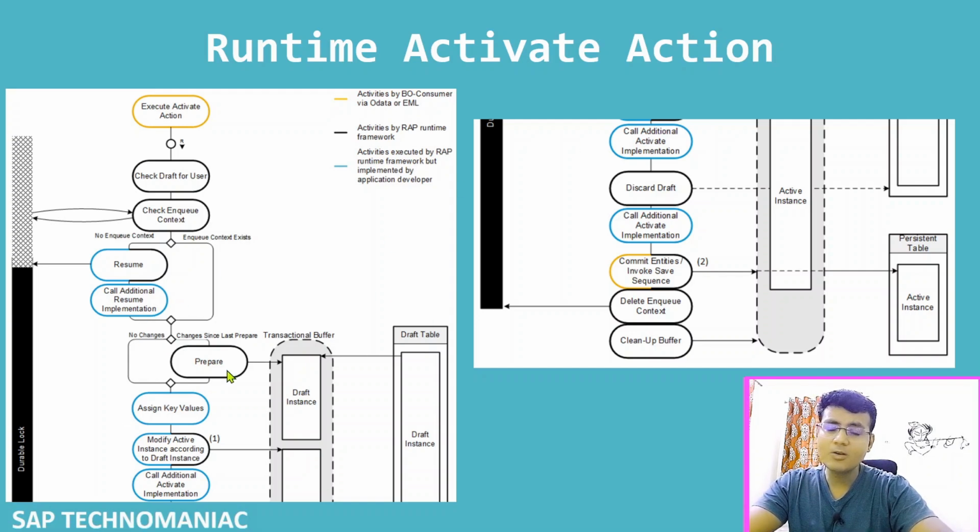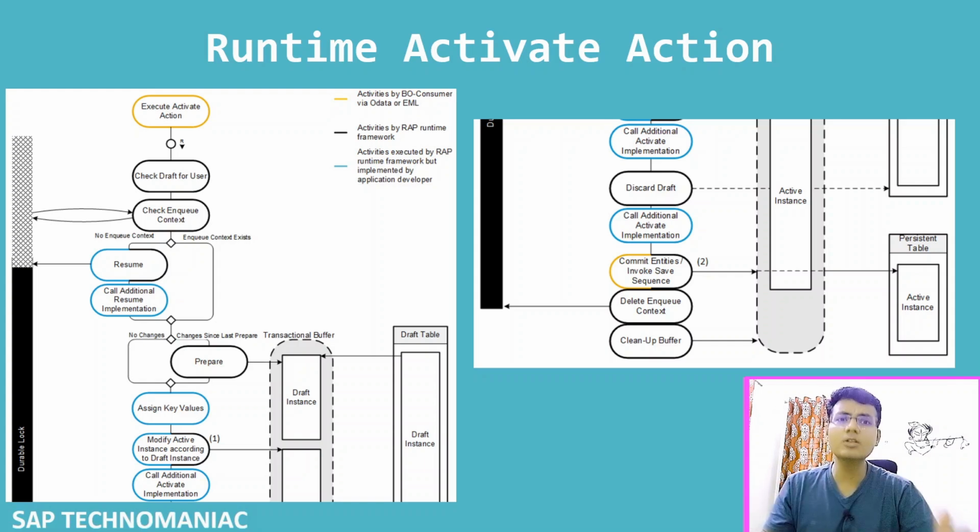We are calling the determinations and validations during the prepare step on the draft instance, and once we have activated the data and are saving the data, during the save sequence we are also calling the validations and determinations. So we are calling validations and determinations multiple times on the same kind of data.